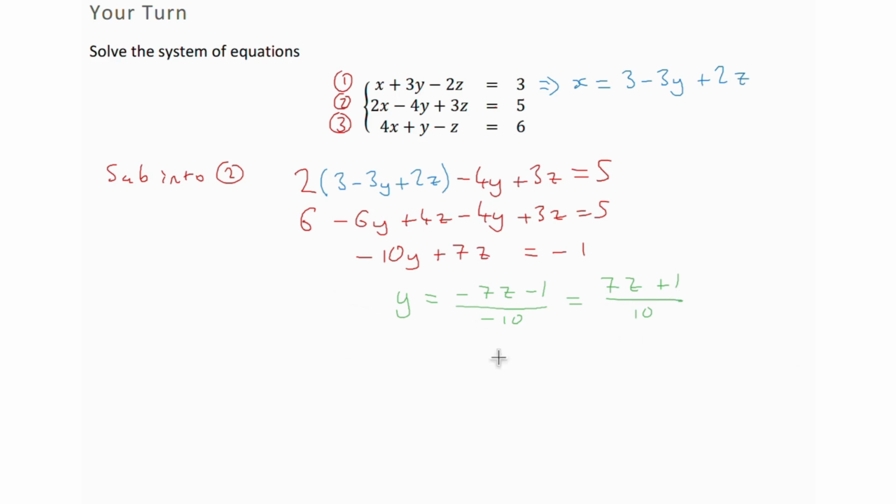Let's carry on, and I'm going to substitute that now into the equation I haven't used, which is 3.